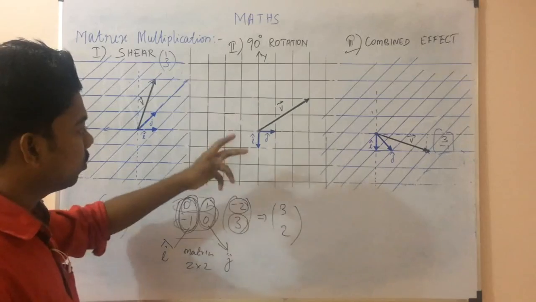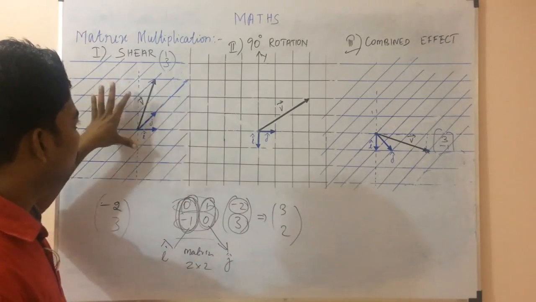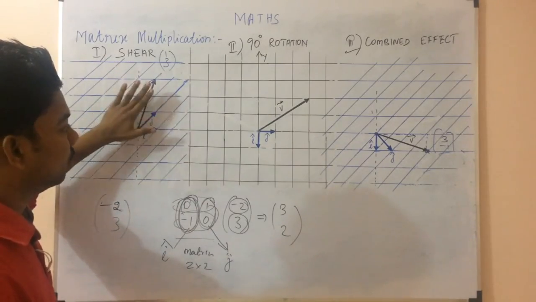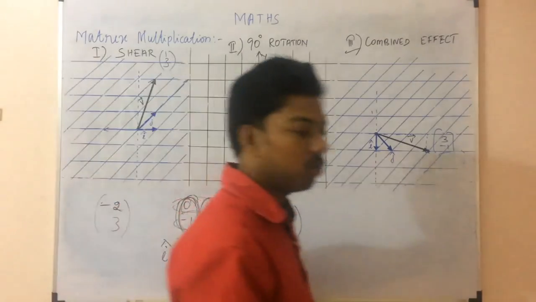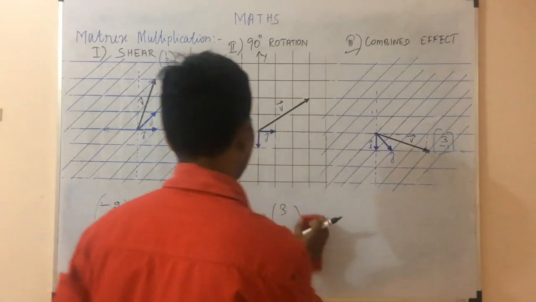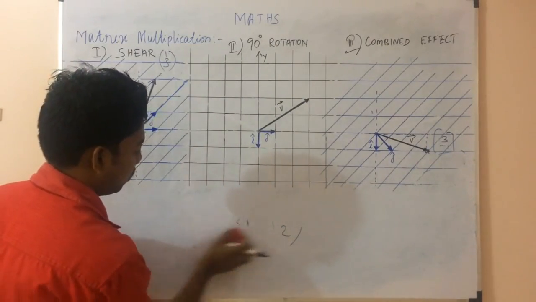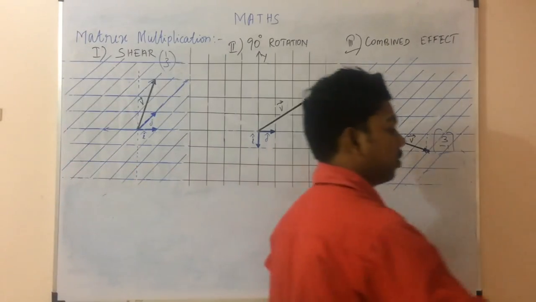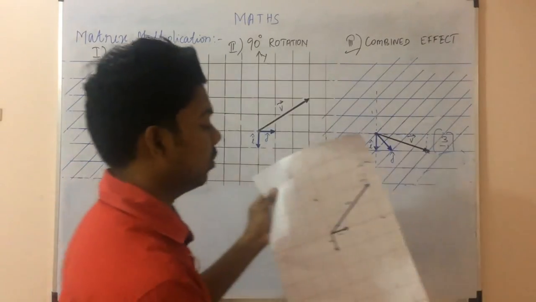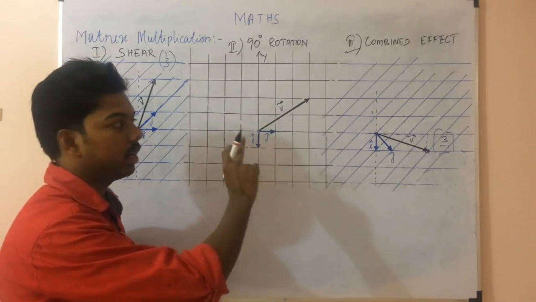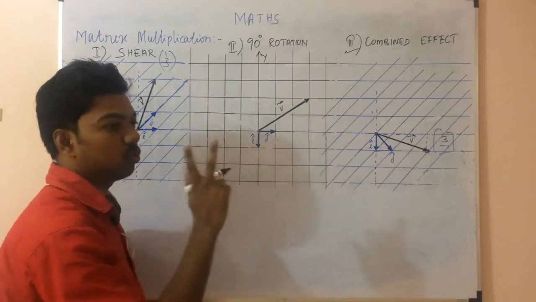And also we have seen what the shearing effect will be after the shearing transformation is done. So our homework was, what is our homework? We have to determine, actually, we are getting this combined effect in 2 ways.